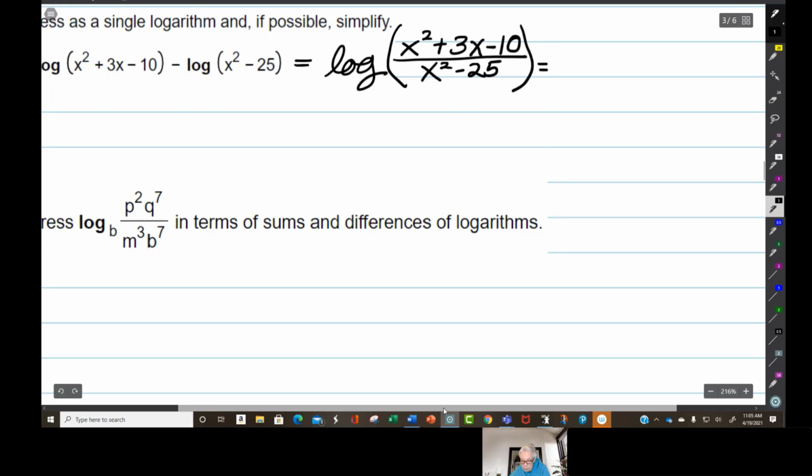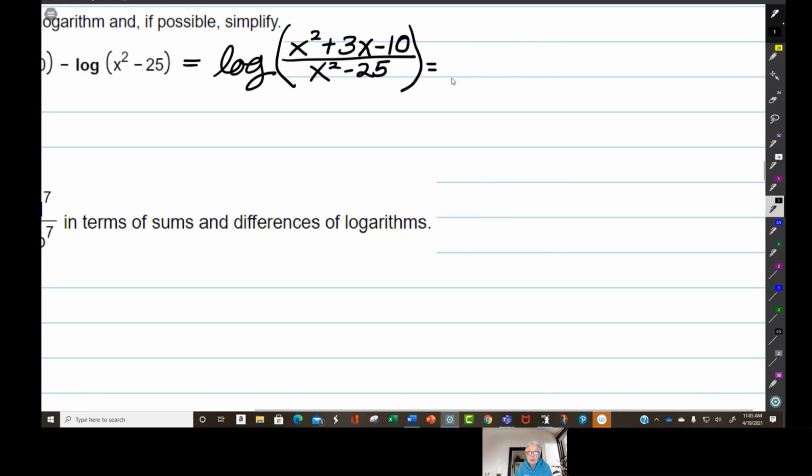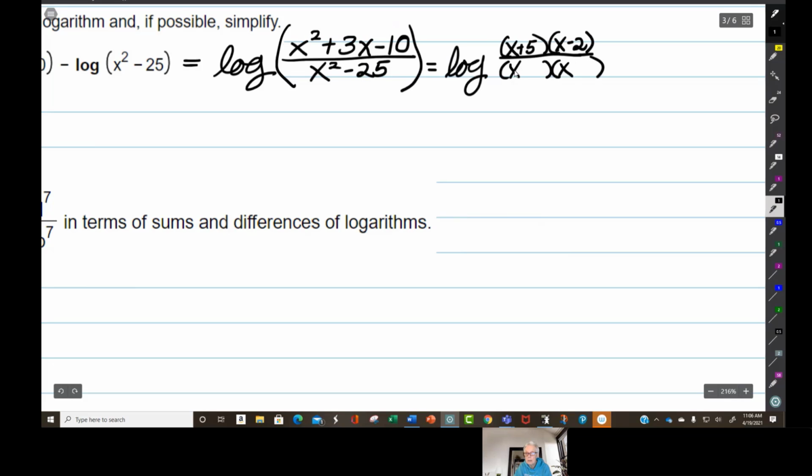So this will be log of x plus 5 times x minus 2, and down here, difference of two squares, x plus 5 times x minus 5.